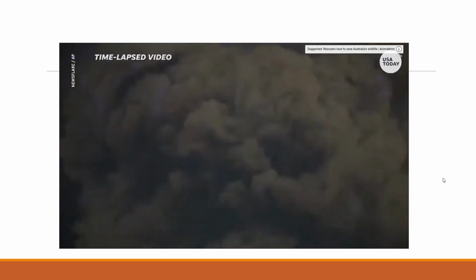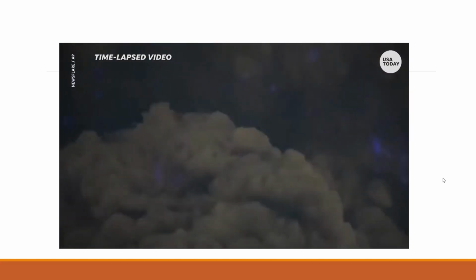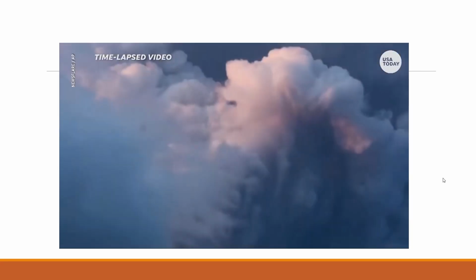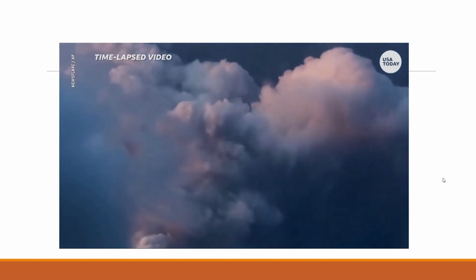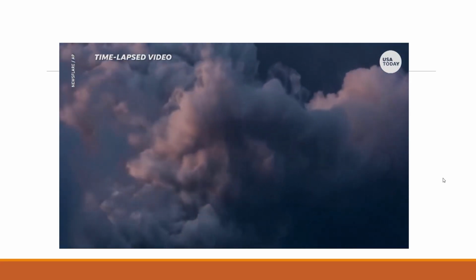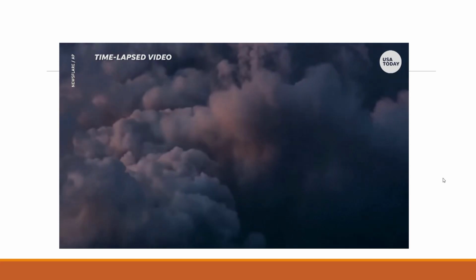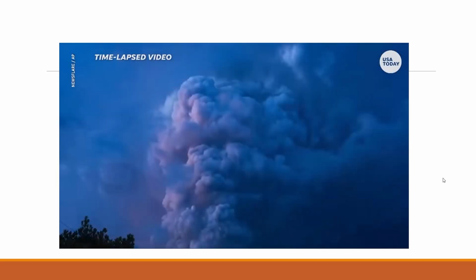So again, you have these charged particles that are interacting with each other and produces this very impressive lightning. So the more violent the eruptive cloud, the more impressive the lightning is likely to be.